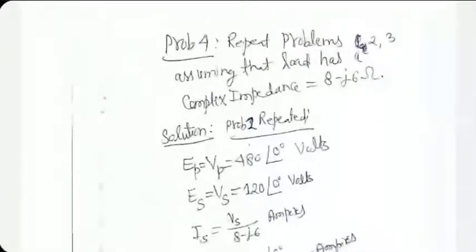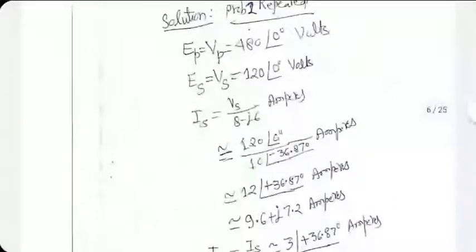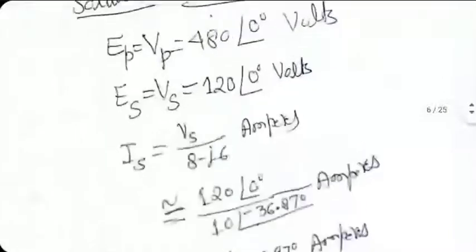There will be a phase shift now between Vs and Is. This is real life, you know. So you will take 120 at 0 phase shift and you will convert 8 minus J6 ohm into polar form.